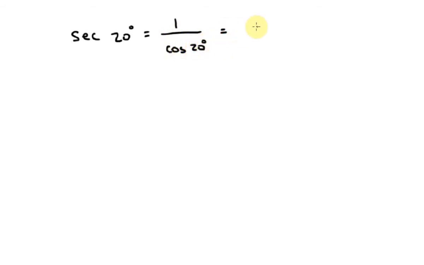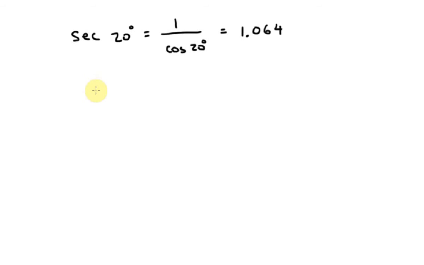So now I just take my calculator, which I happen to have handy right here, and I'm going to punch in 1 divided by cosine of 20 degrees. And for that I get 1.064. Okay, so I'm just showing you that even though you may not have these buttons on the calculator, the fact that they are reciprocal functions makes them very manageable.